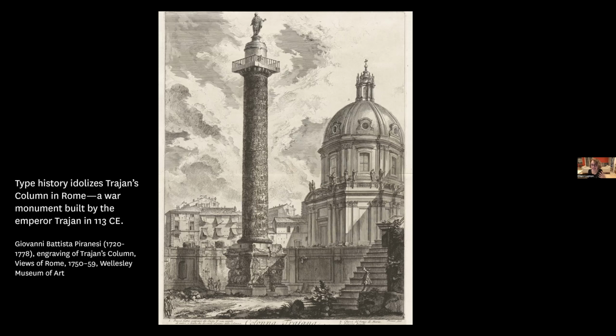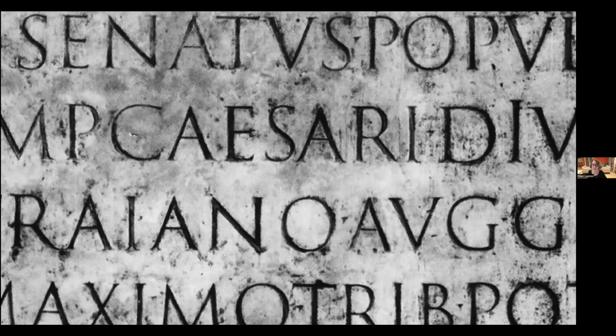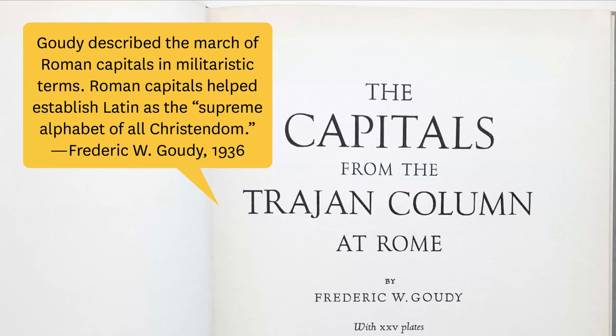So it has this legendary role in the history of Latin typography. Many typefaces were designed based on the type of lettering used in it, which was used to spread the Latin alphabet across the Roman Empire and to wipe out local languages and to create a kind of hegemonic typography.